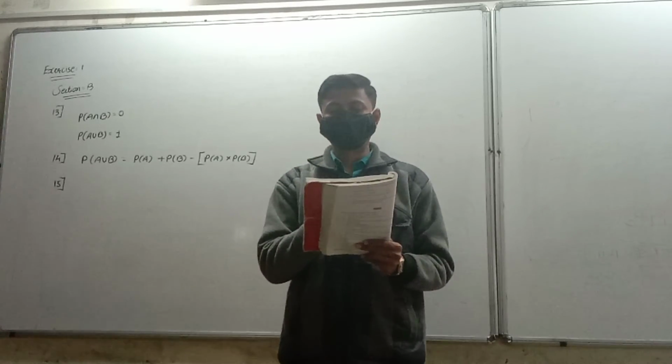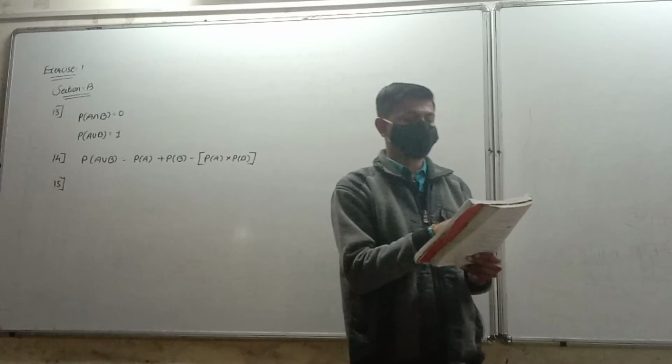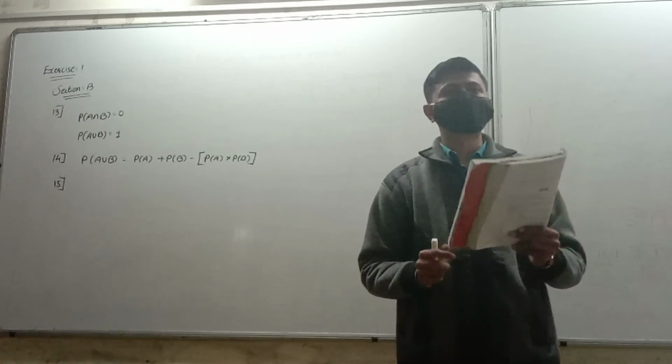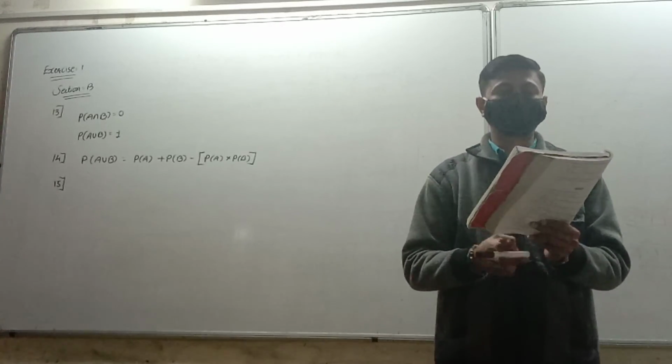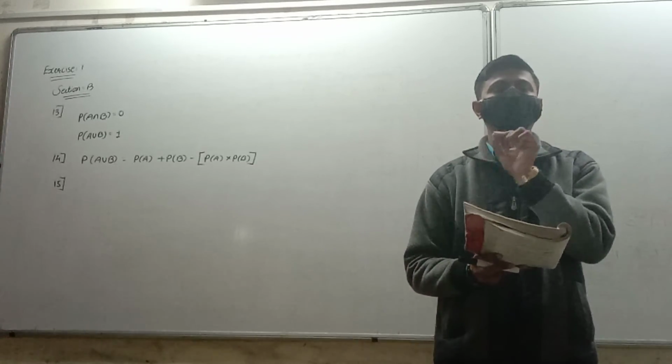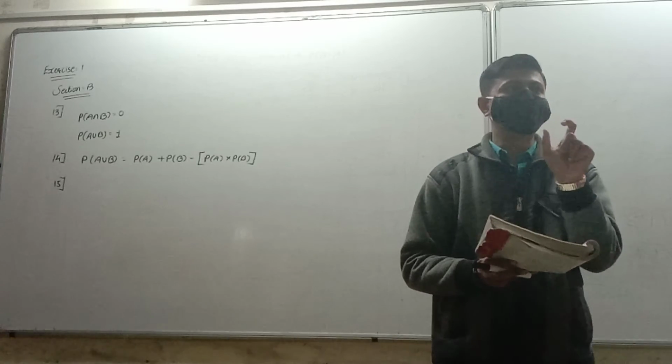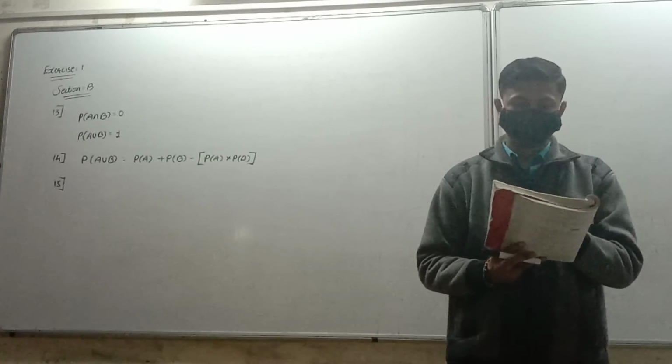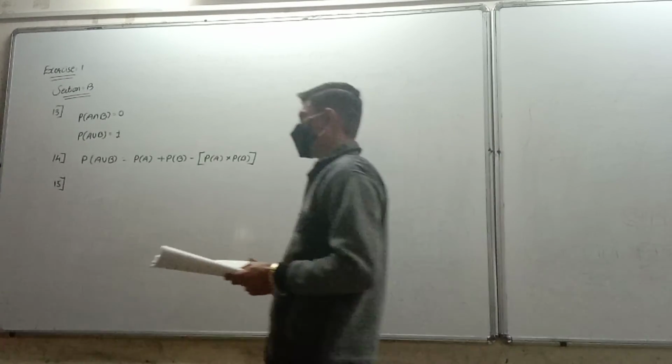And B is x where 1 by 4 less than or equal to x less than or equal to 3, between 1 by 4 and 3, and both the limits are countable. Then find the A intersection B.